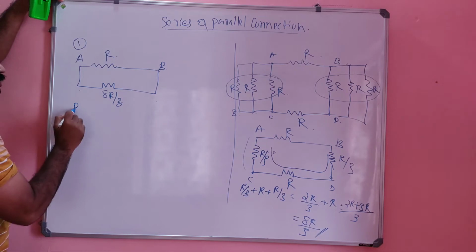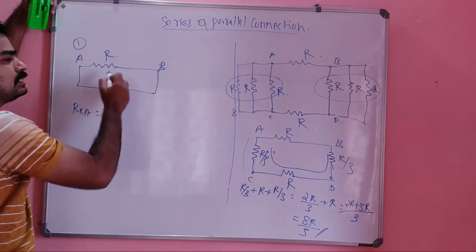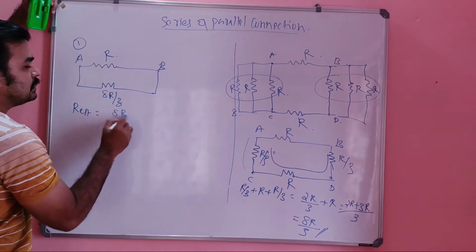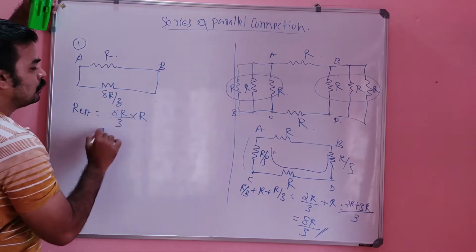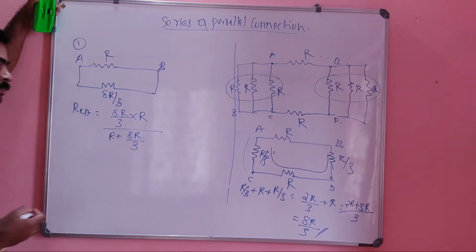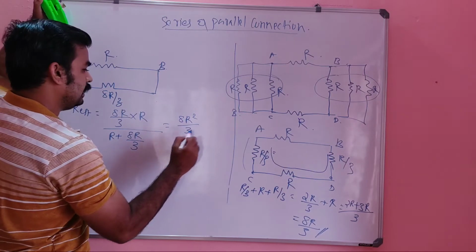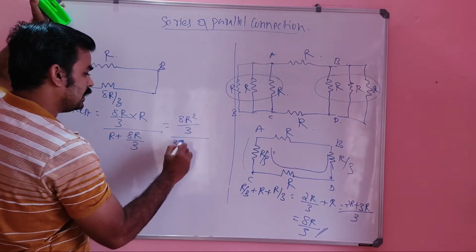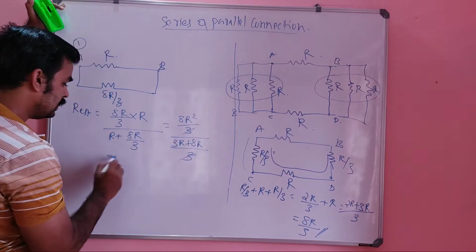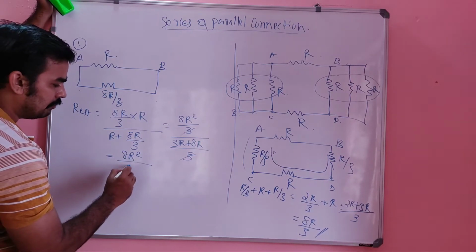So what will be R effective? R effective will be again two resistances in parallel, so the product divided by the sum will be the resultant value. So the product 8R by 3 into R, whole divided by R plus 8R by 3, which is equal to 8R square divided by 3, whole divided by 3R plus 8R, whole divided by 3. 3 and 3 get cancelled, which will be equal to 8R square whole divided by 11R.